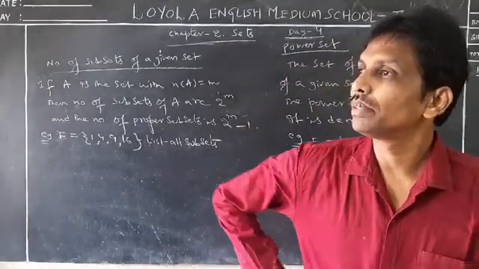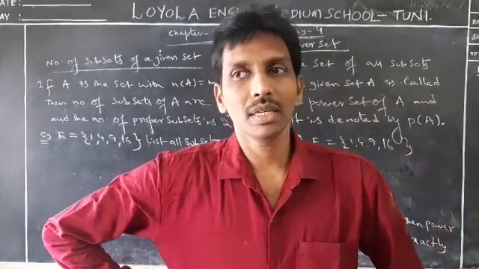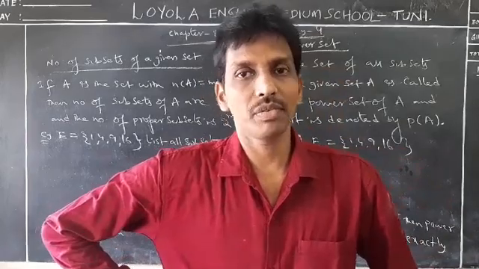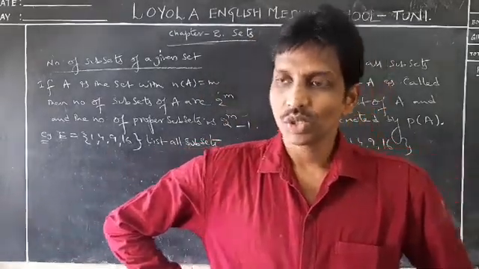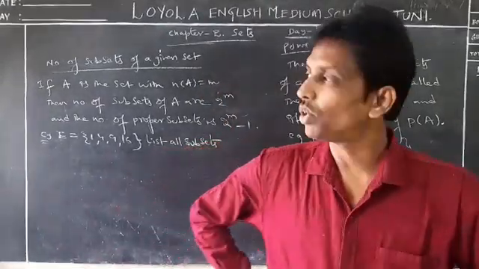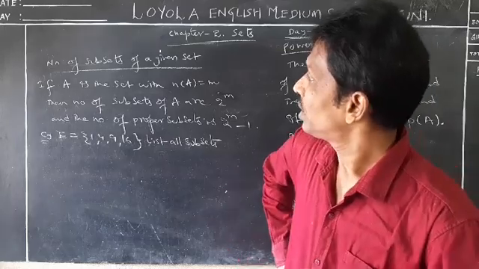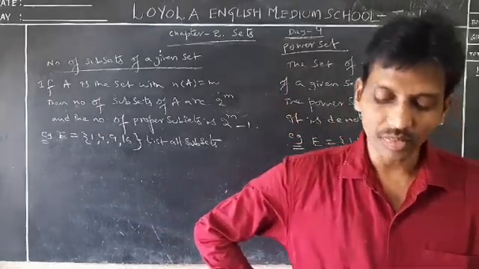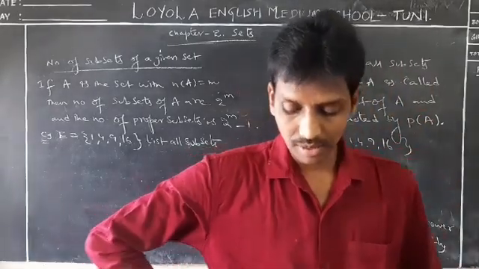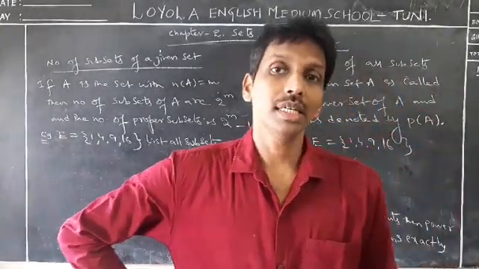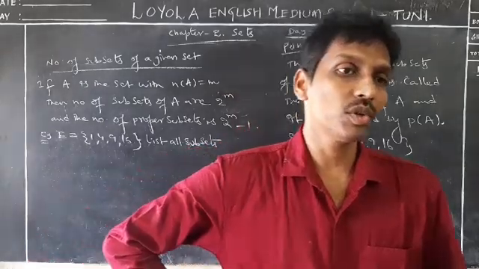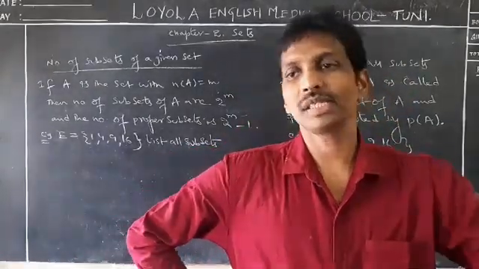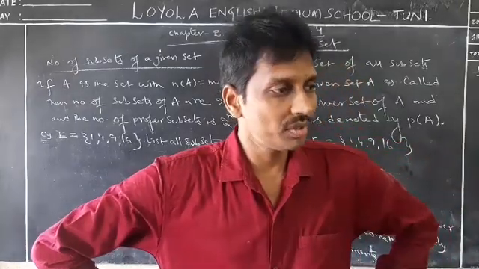So hope today will be the last class for finishing chapter 2, sets. Today we need to focus on the following topics: number of subsets of a given set, power set. In the introduction part, I told you about finite and infinite sets, because George Cantor defined them.